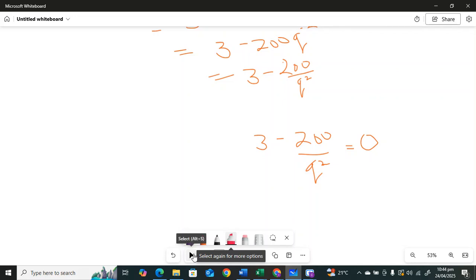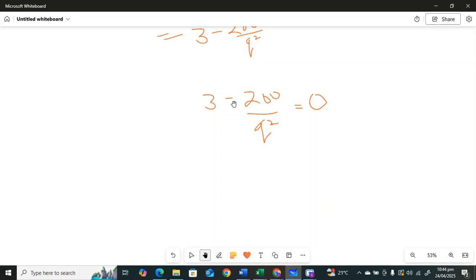Yes, you can move the 3 to the other side, or if you want, you can move this negative 200 over q squared to the other side.